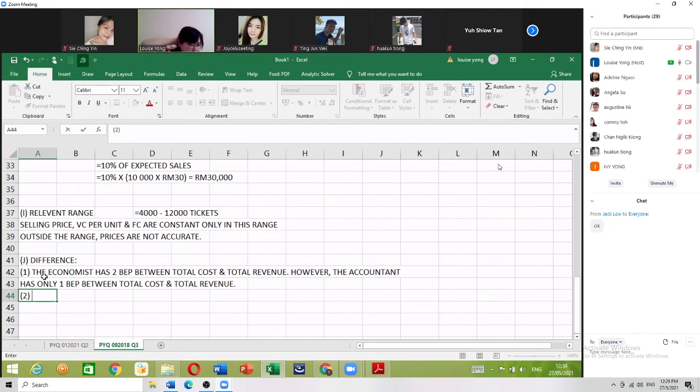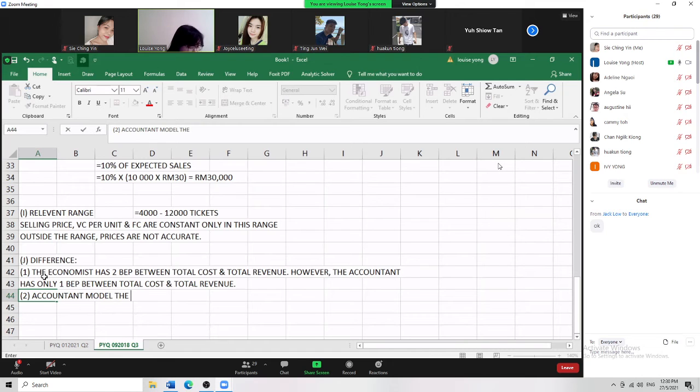Number 2还有什么不一样的吗？How about the curve here? The curve 是怎样？So accountants model, the graph here, 它的 graph 是怎样的？Will be linear.